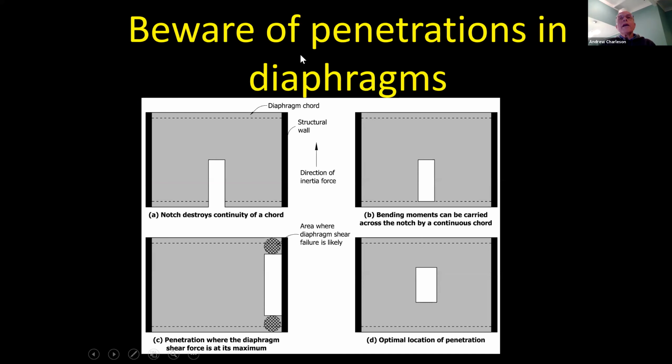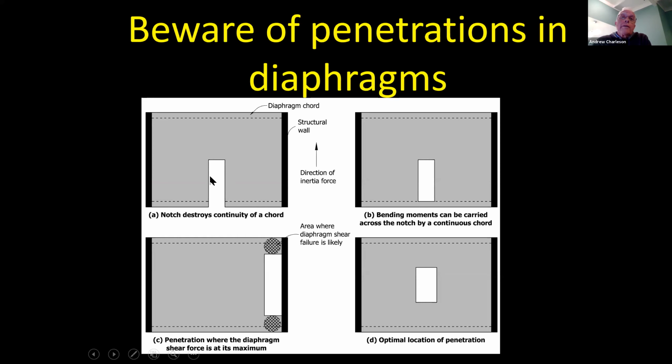Now, we've got to be very careful as architects about the penetrations in diaphragms, because remember, during an earthquake, a floor diaphragm is a horizontal beam. And so if you put a big notch into a beam, you destroy it.